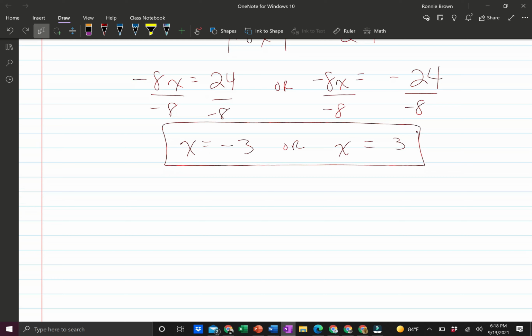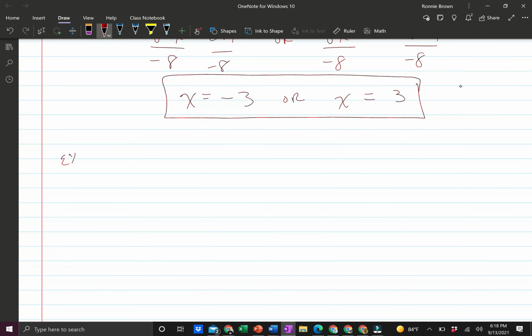I'm going to attempt maybe one more here. So our problem is the absolute value of 3x plus 3 equals the absolute value of 2x plus 5. So you see how this one is a little bit different because there's absolute values on both sides of the equal sign this time. But no worries, that was that second situation that I talked about at the beginning of this lecture, right?